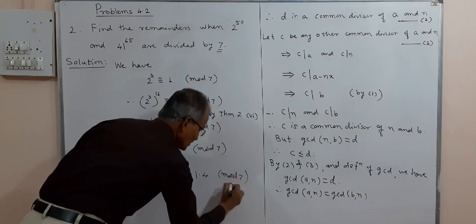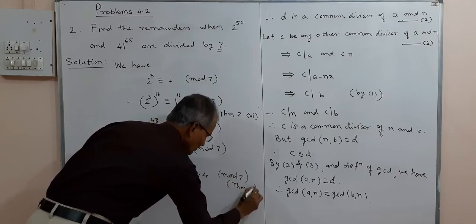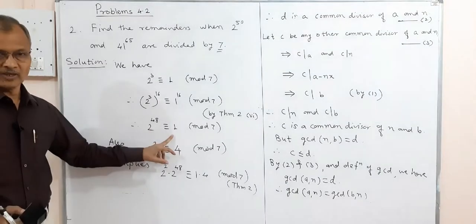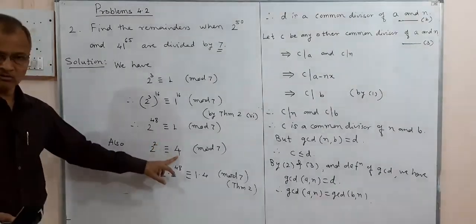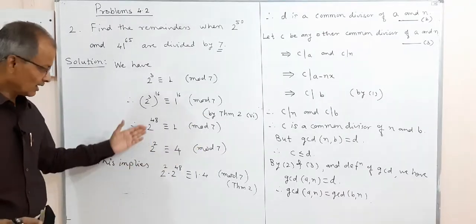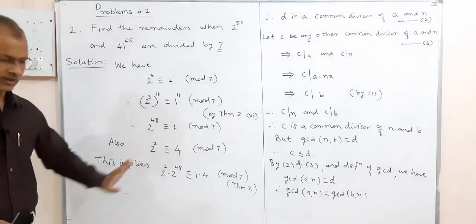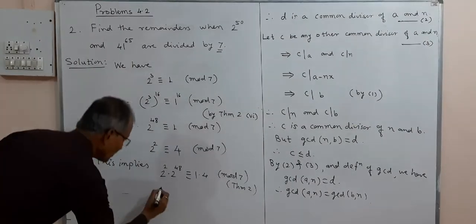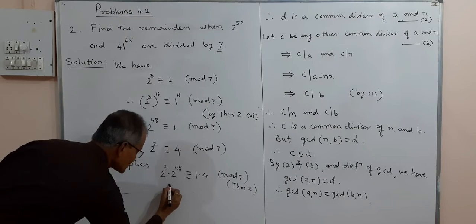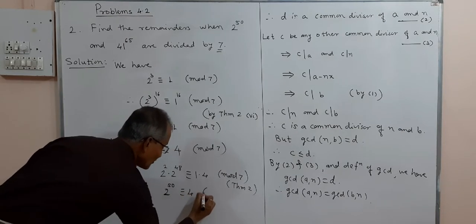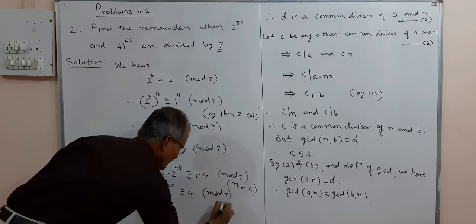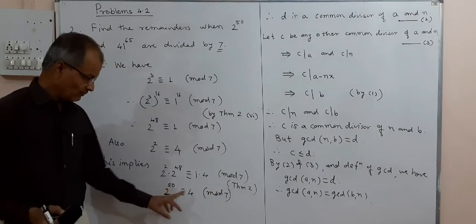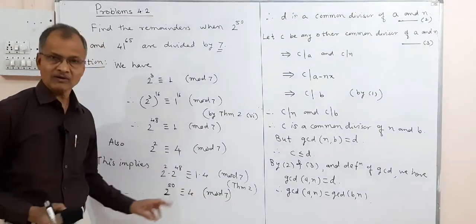Again this is theorem second we have proved: if A is congruent to B and C is congruent to D under the same modulo, then A into C is congruent to B into D. That is the result, and this gives 2 to the power 50 is congruent to 4 mod 7, and this shows that 2 raised to 50 when divided by 7 gives remainder 4.